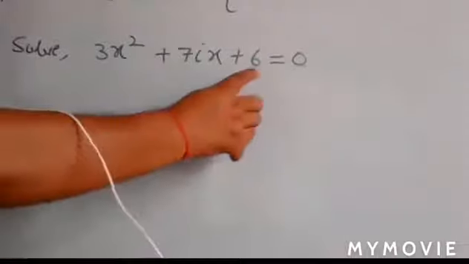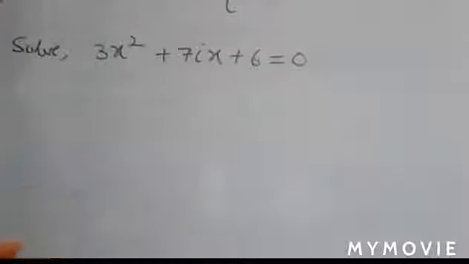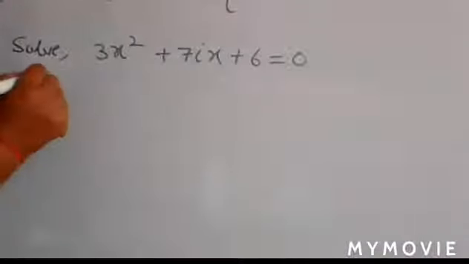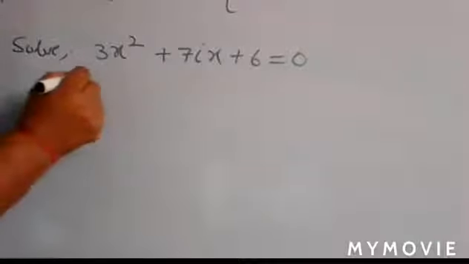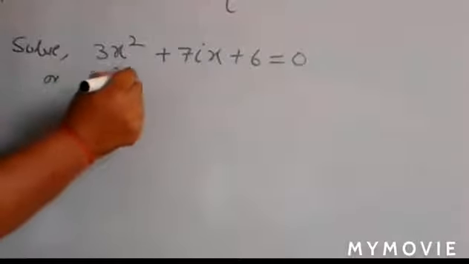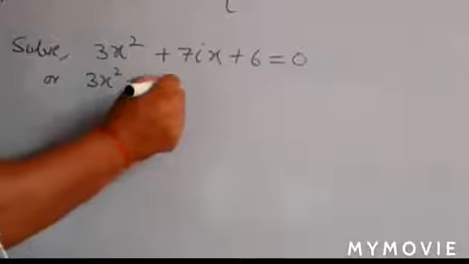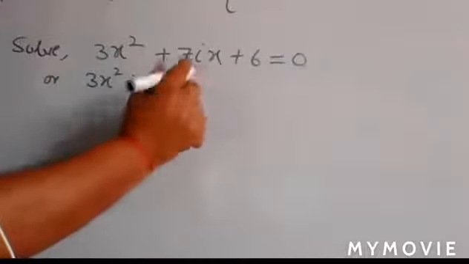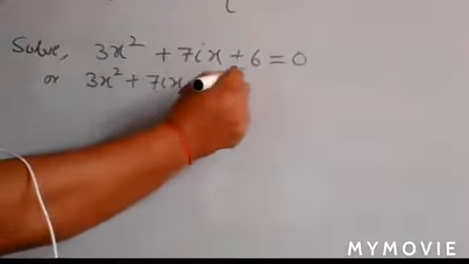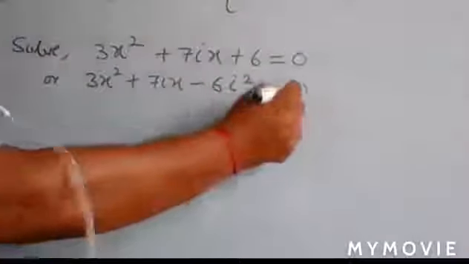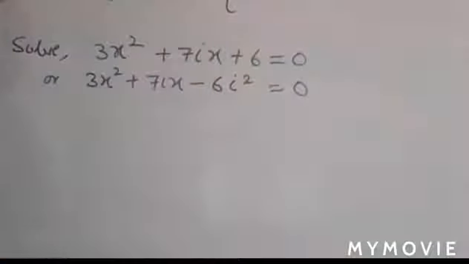Again, first of all, you have to write 6 as minus 6i square. Okay? So write 3x square plus 7ix minus 6i square, that is equal to 0. You can write in this way.